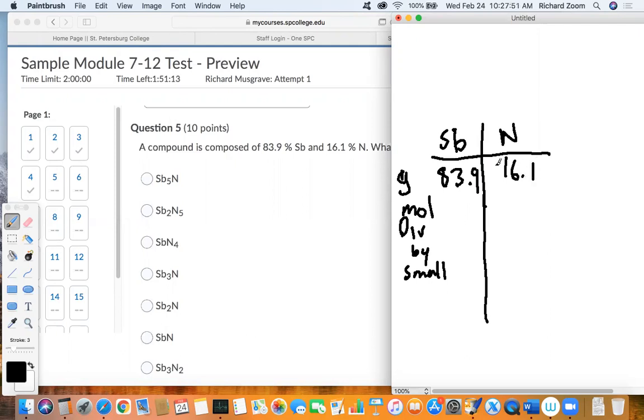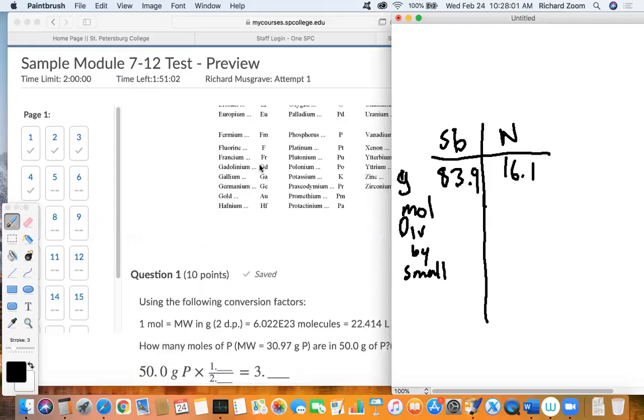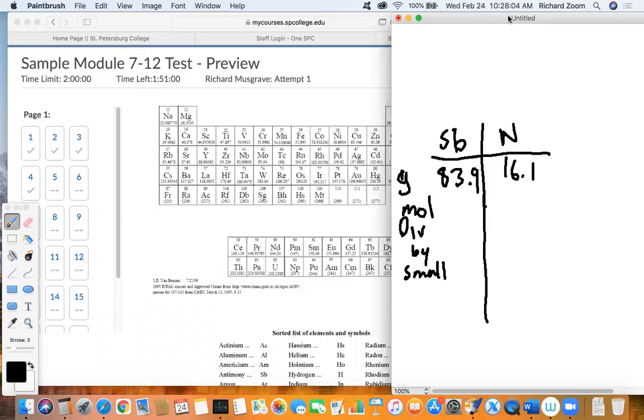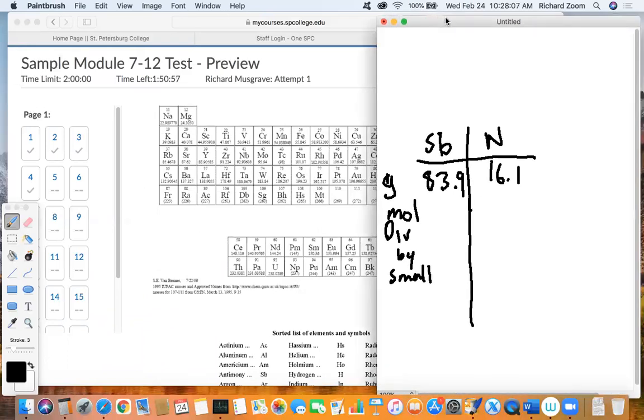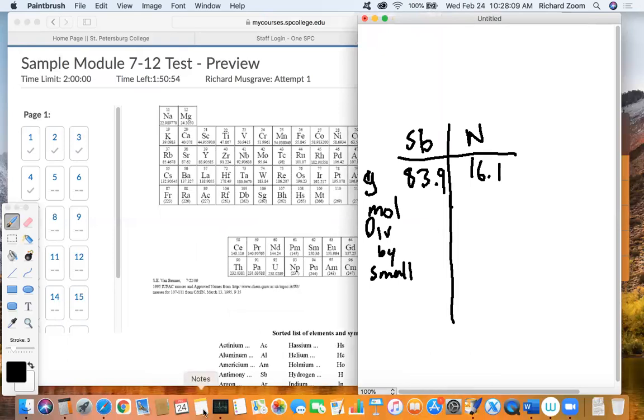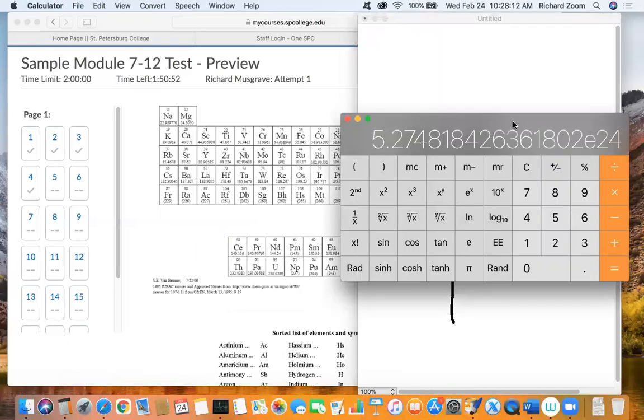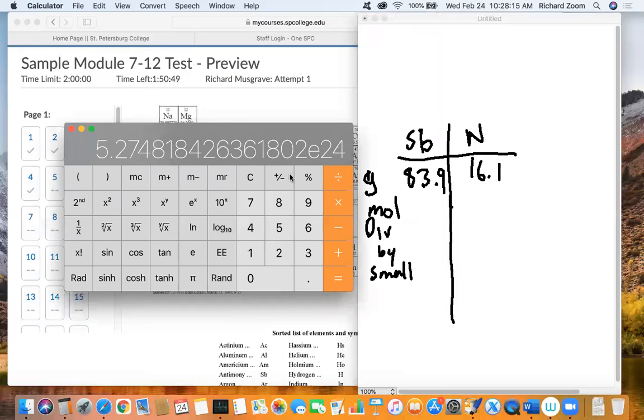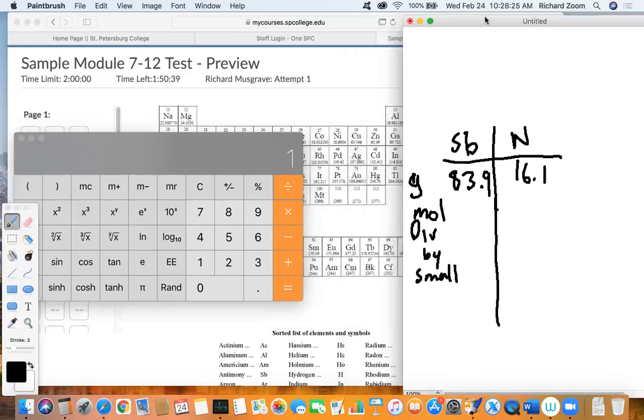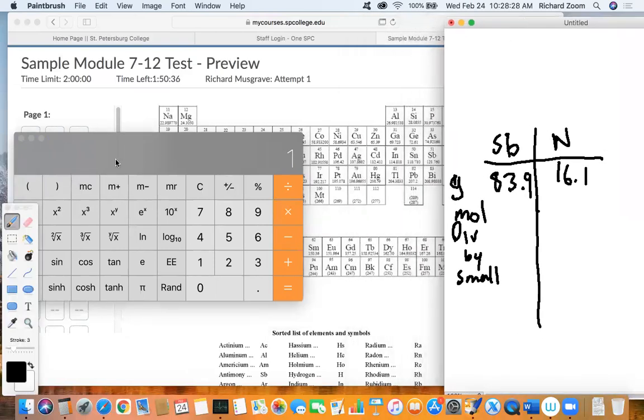Then we do the moles, and the moles is going to be based around the atomic masses of antimony and nitrogen. If you look at antimony, you go back to the periodic table here to find that. And it's 121.760. So the moles there would be 83.9 divided by 121.760.